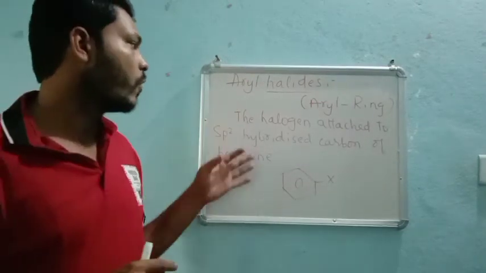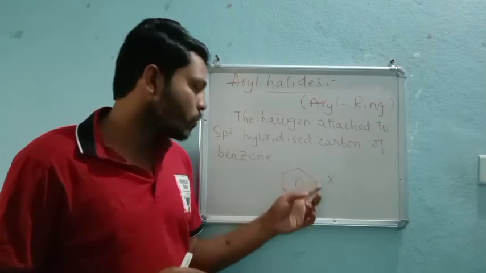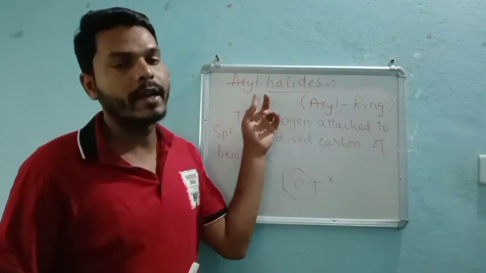So these are the four different types. If the halogen is directly attached to the benzene ring, you just say aryl halides.